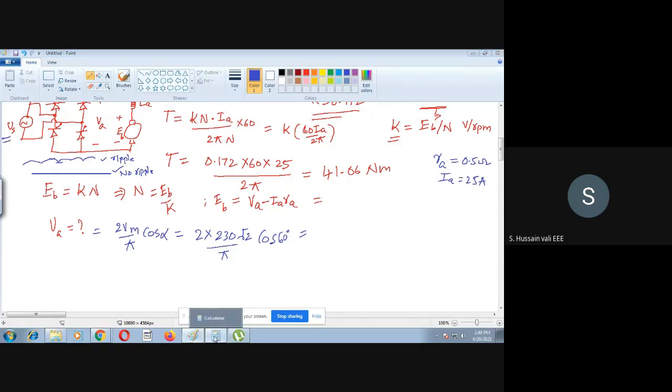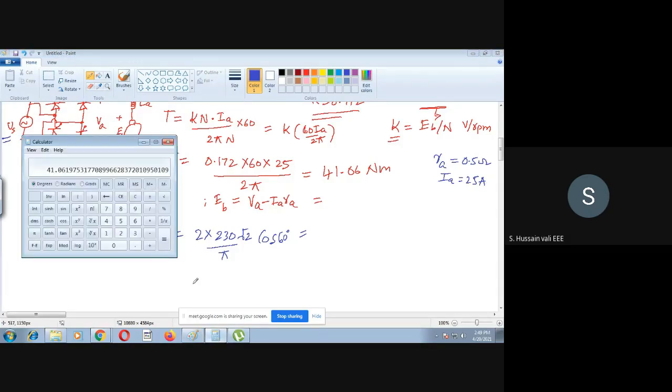What is the answer you will get? I'll just see in the calculator. We got an answer of 103.53, or we will put 103.52 only.